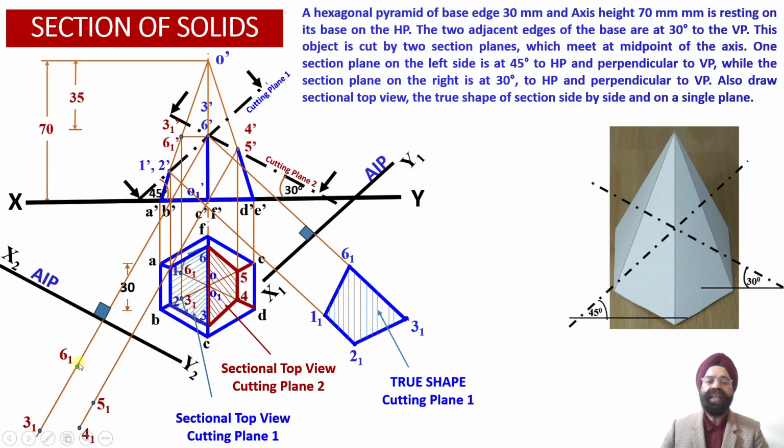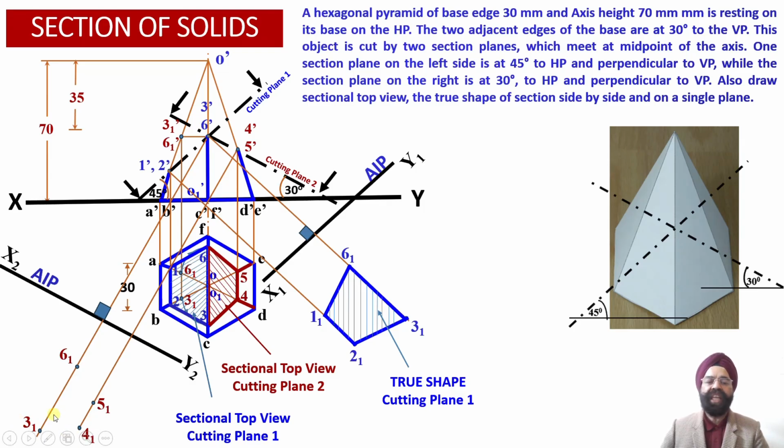So this distance of point 6₁ from the AIP X2Y2 is the same as the distance of point 6 from the XY reference line. Similarly, the distance of point 3 from the XY reference line has been measured, and from the front view projection point 3' we have drawn a projector line, and ahead of the plane the same distance we have marked out over here. So we have obtained the point 3₁ in the auxiliary plan projection view.